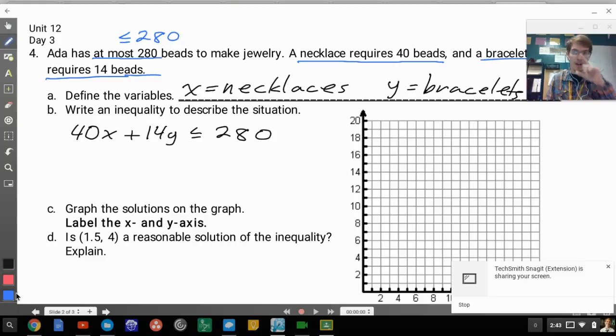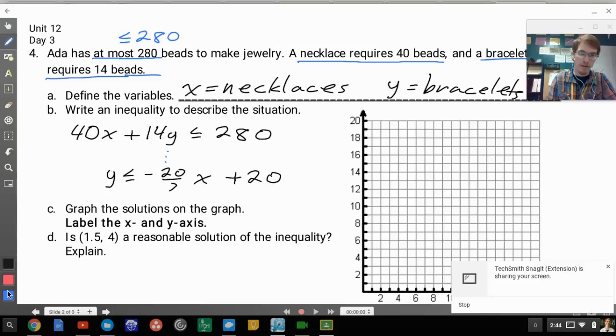Now I'm going to wave my hands a little bit here, but if I wanted to get y by itself, I would have y is less than or equal to, so I'd subtract 40x and divide by 14. So I'd have negative 20 over 7x plus 20.